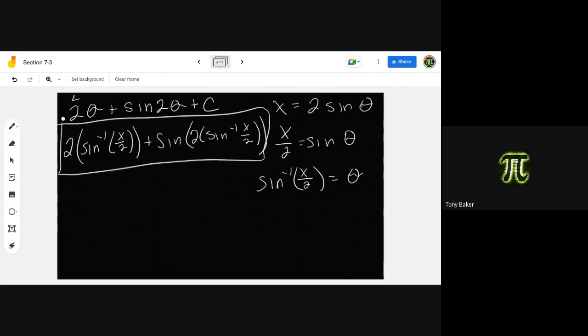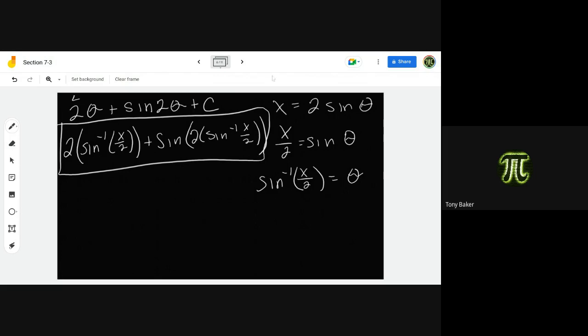So what you're going to do is replace theta with what theta is, which in this case is the arc sine of x over 2. We're going to make the problems look a little better in a minute. So that's what trig substitution is.